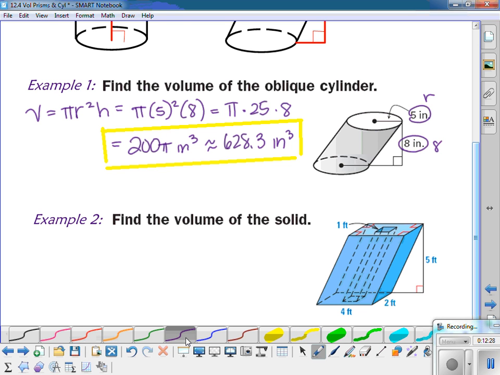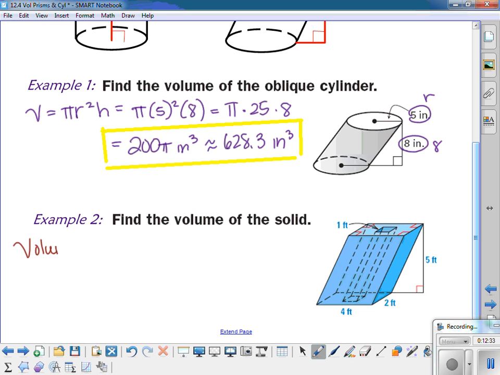So the volume is going to be the volume of the large box minus the volume of the small box. And all the sides on that small box are 1 unit. They didn't put it there, but that's also 1 unit, or 1 foot.